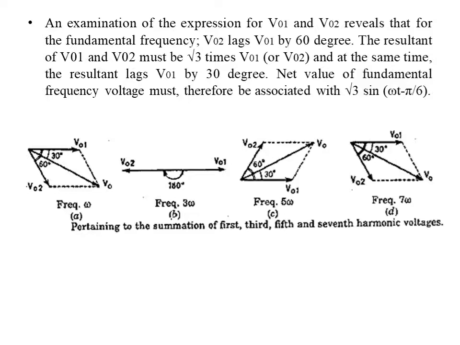An examination of the expressions for output voltages V01 and V02 reveals that for the fundamental frequency, V02 lags V01 by 60 degrees. The resultant of V01 and V02 must be root 3 times V01 or V02, and at the same time the resultant lags V01 by 30 degrees.